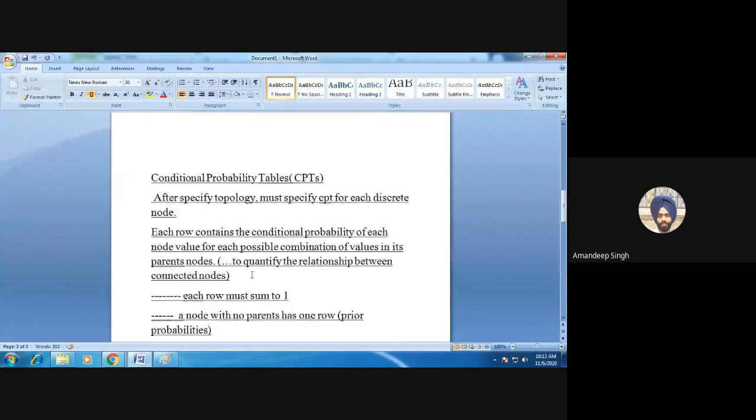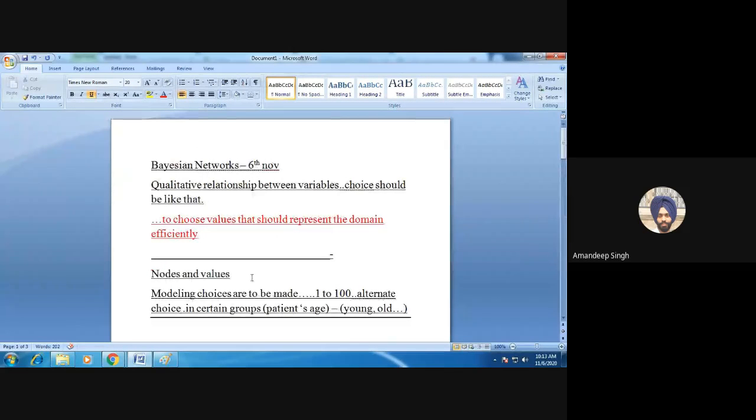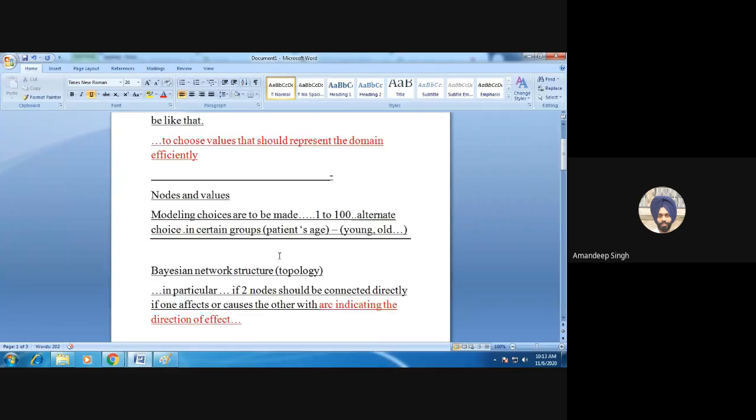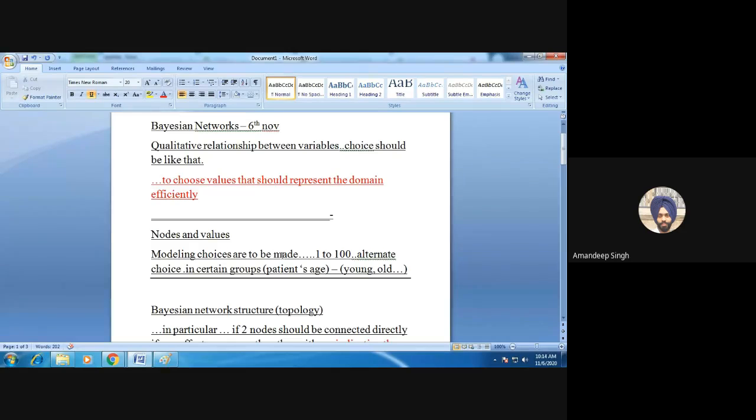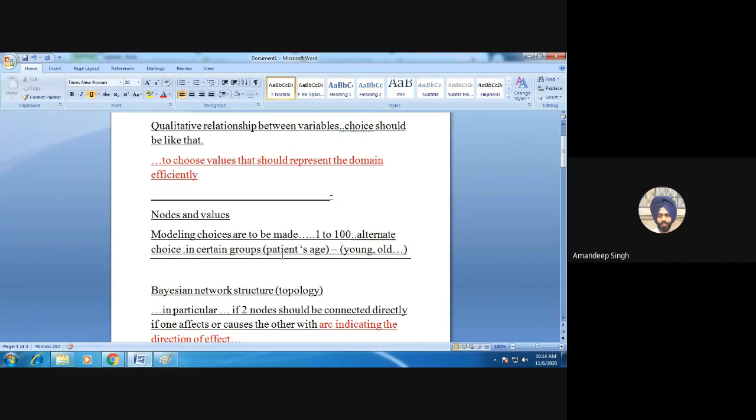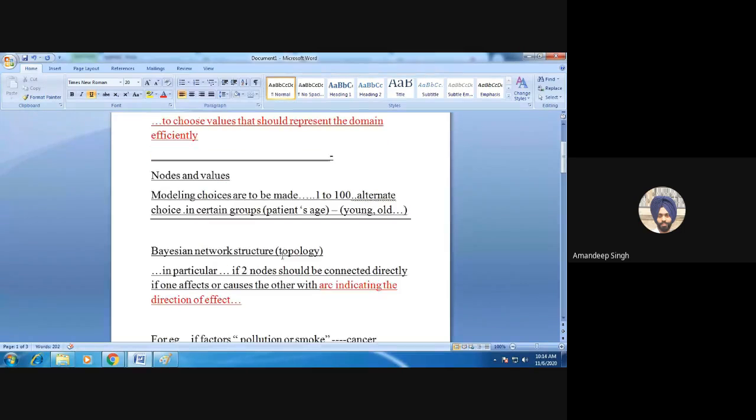So if we summarize what we discussed in today's session, we saw that Bayesian networks should capture the qualitative relationship between the variables that we are using. The effective choice has to be there while building the Bayesian networks.